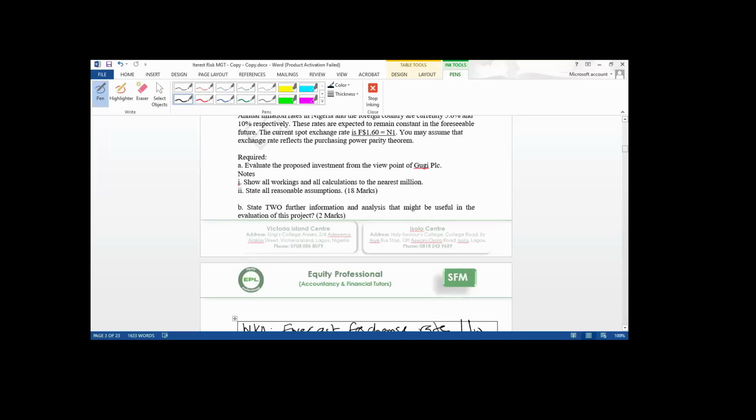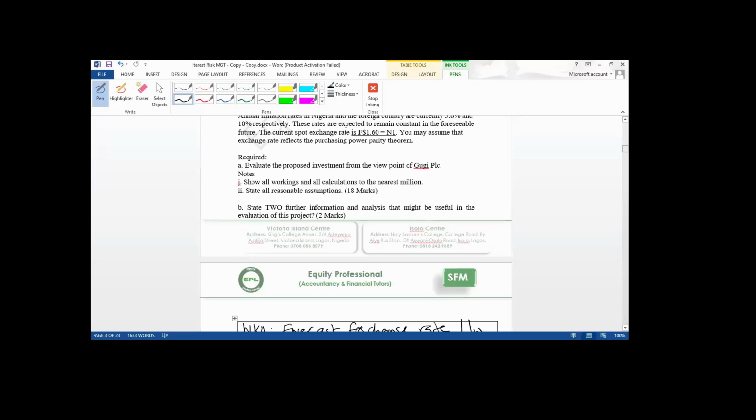If these variables fluctuate, a change in inflation rate will affect the currency value, and that can affect the project returns. If the currency in the foreign country is devalued, your investment will suffer. That's 1.